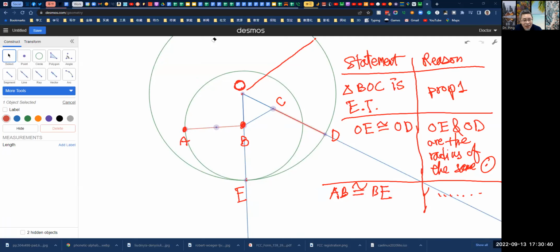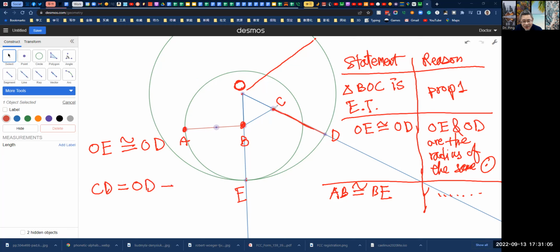Okay, now what we already know is that OE is congruent to OD, and CD then is OD minus OC.